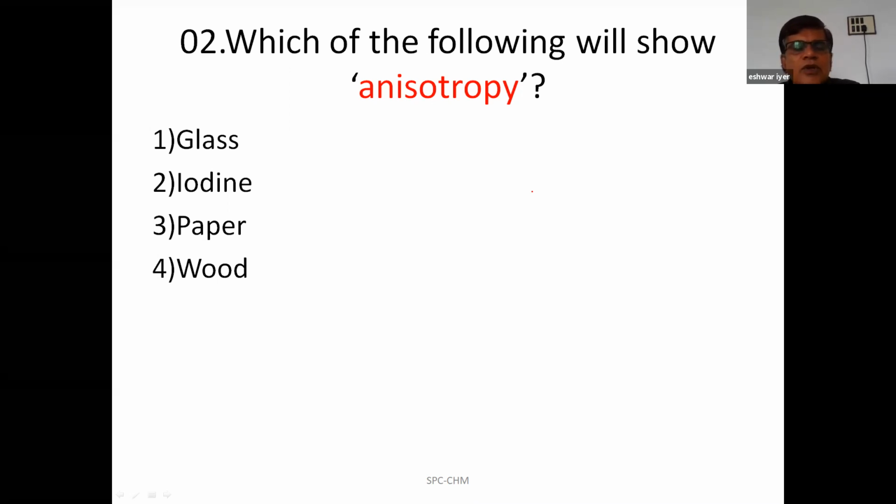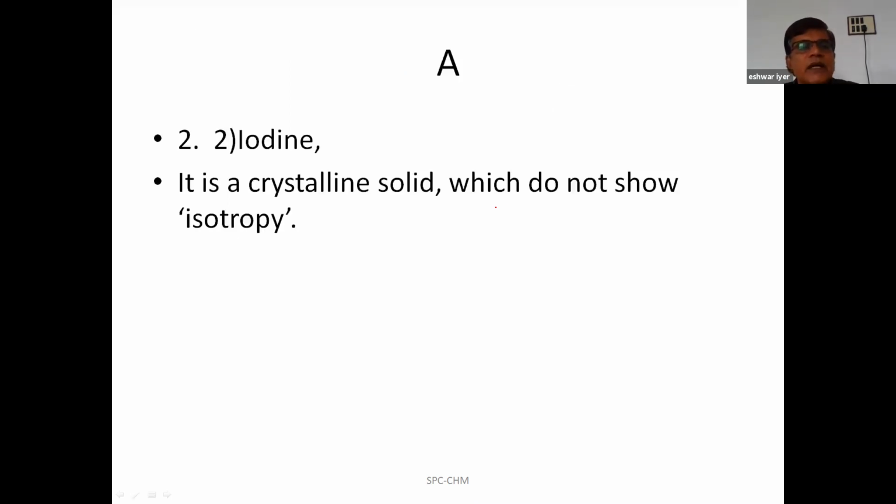Amorphous solids have that property, isotropy. Among the answers, you have to pick that solid which is crystalline. Look at the answer. Iodine is crystalline, so it doesn't show isotropy. It is anisotropic.